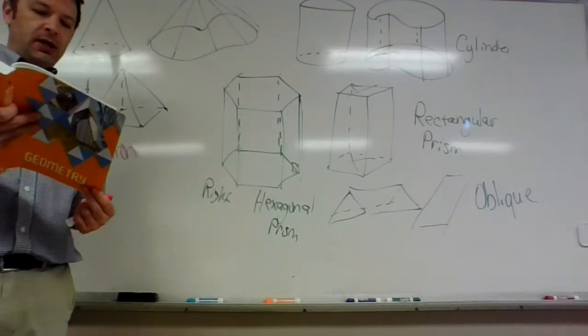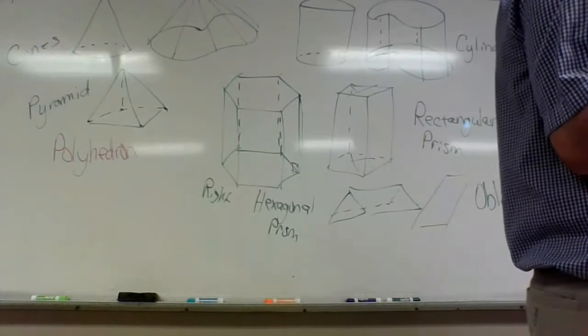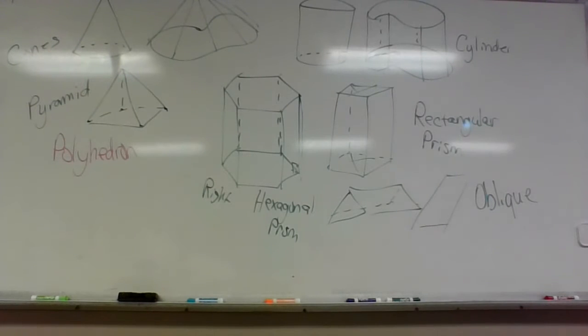Okay, number one. Number one is a type of cone, but we're going to be more specific than that. You name it based on the base. What shape is the base of that pyramid? Pentagon. So it's called a pentagonal pyramid.